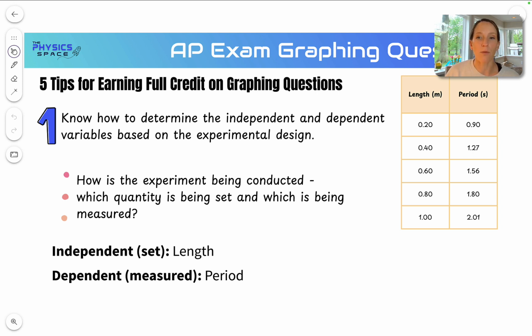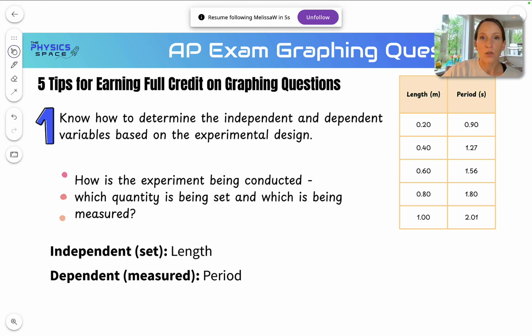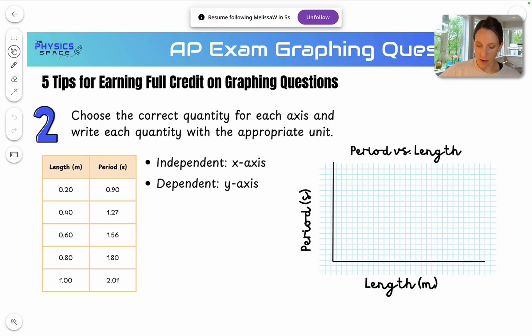This is going to be helpful for telling you which quantity goes on which axis of your graph: the independent variable goes on your x-axis and the dependent variable goes on the y-axis. So as we are creating our graph here, our independent goes on the x-axis, our dependent goes on the y-axis.